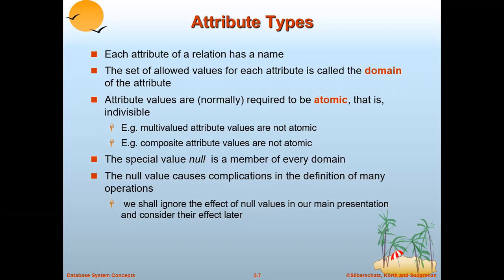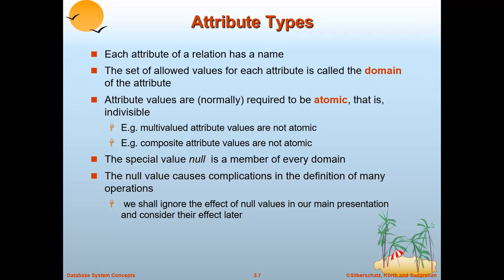And the special value null is a member of every domain. So if nothing is there inside an attribute value, by default it will have a null value. For example, suppose there is a name of a student, this is an attribute, and some row doesn't have a name present, then by default the system inserts a null value.